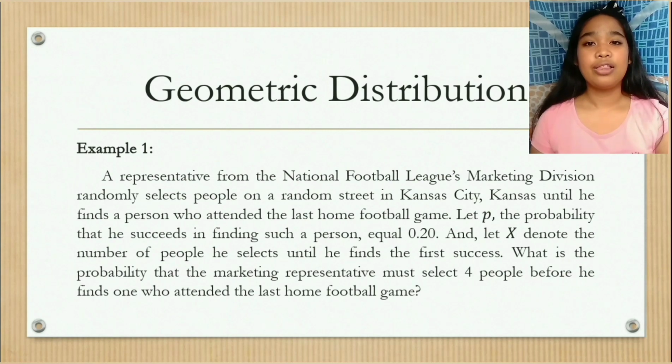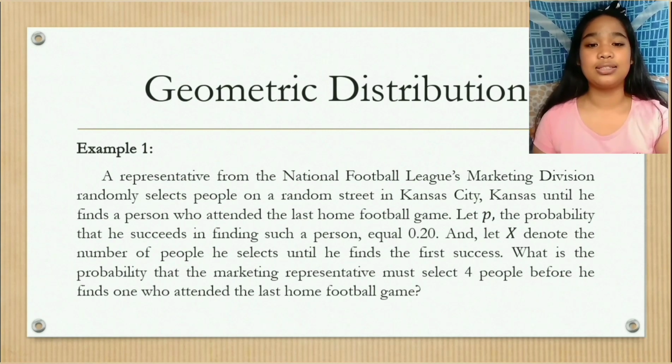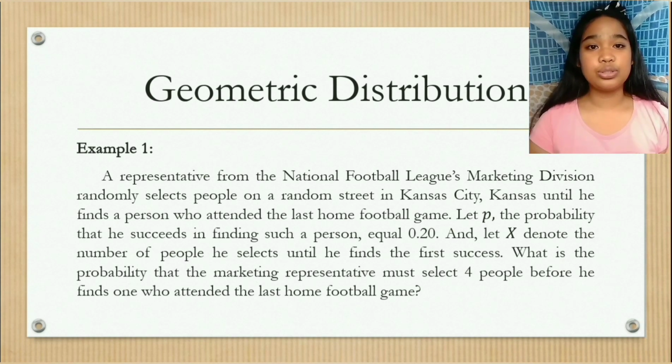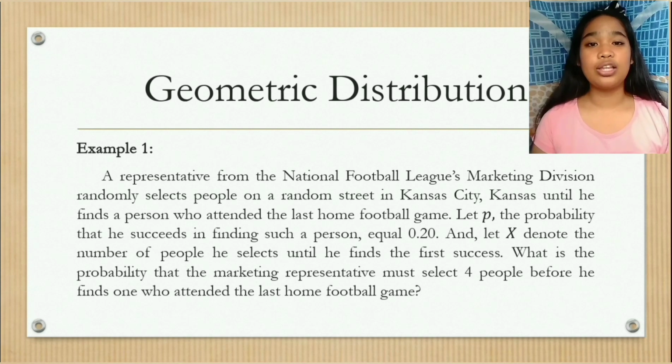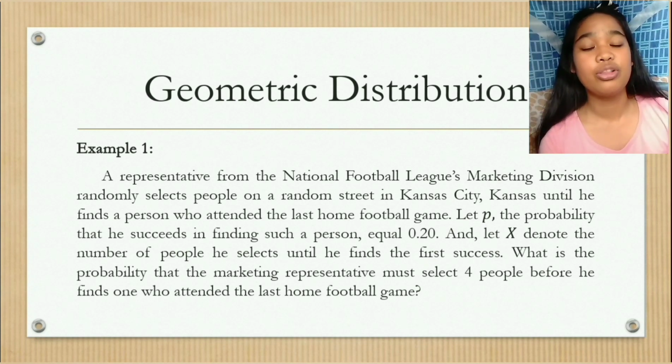Let p, the probability that he succeeds in finding such a person, equal 0.20, and let X denote the number of people he selects until he finds the first success. What is the probability that the marketing representative must select 4 people before he finds one who attended the last home football game?